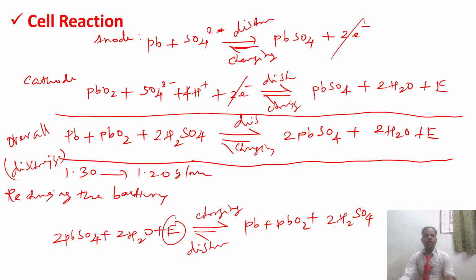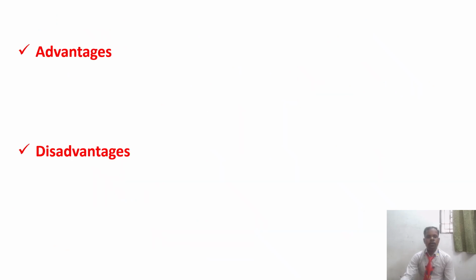So next one, what are the advantages of the lead acid battery as well as disadvantages, followed by uses? So the advantages, a number of advantages are there. First one, the fabrication of the lead acid battery is very easy. Next one, it produces very high current. Then third one, the self-discharging rate is very low.